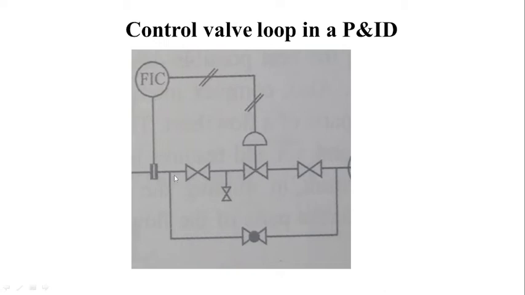But if we need to do maintenance, we close this line by closing the gate valves on both sides. If we need to isolate the control valve and take it for maintenance, we close the gate valves on both sides. This is a bleeder valve. If some hydrocarbon is present in this line, we can bleed it out using a bleeder valve.